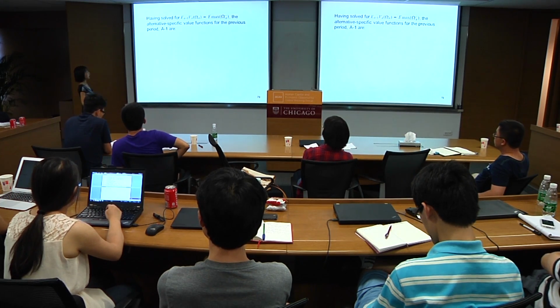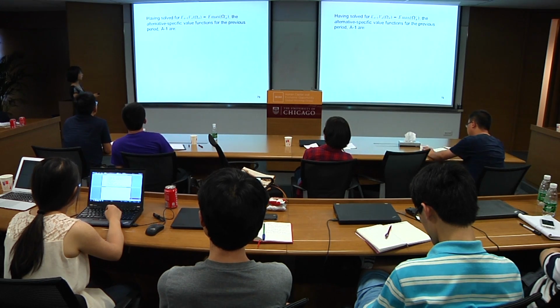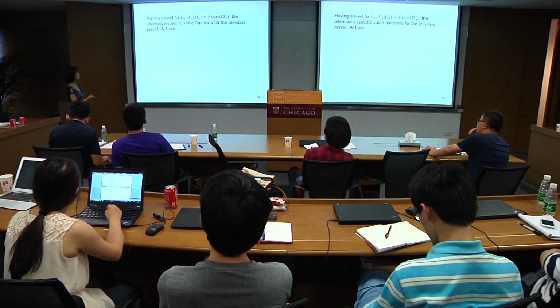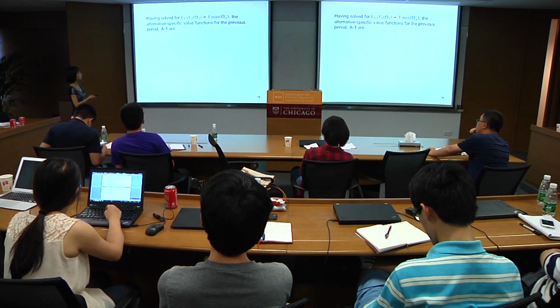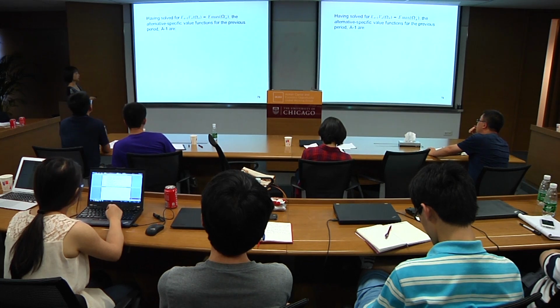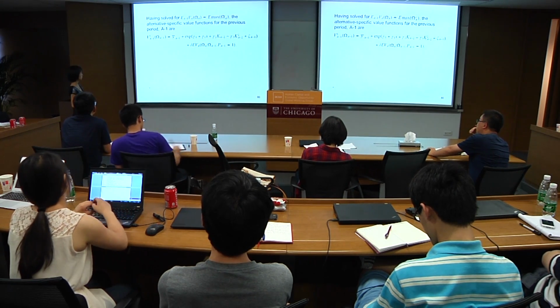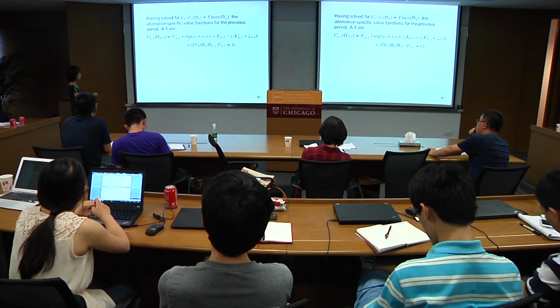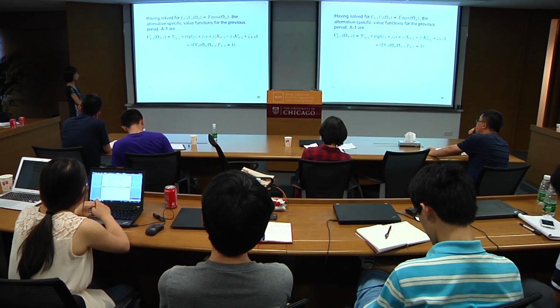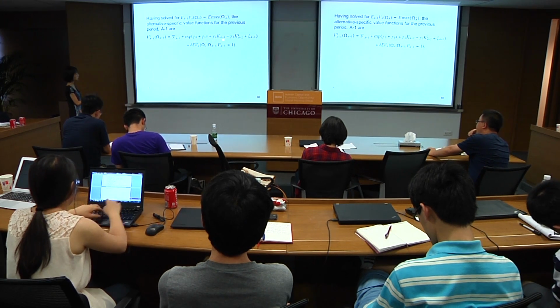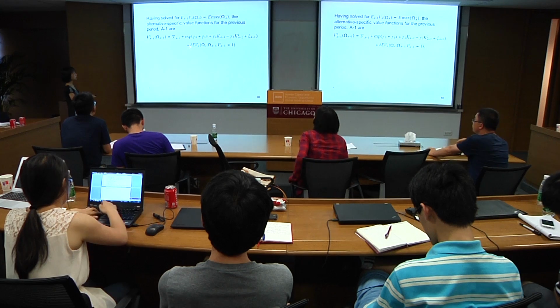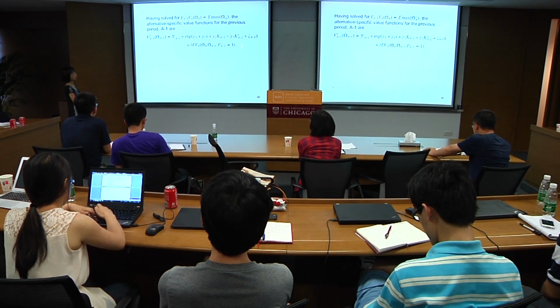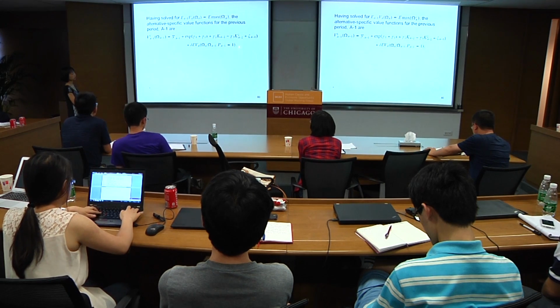Having solved for the Emax function, the alternative specific value function for the previous period, i.e. the second last period, would be this: today's utility if you participate, plus the discounted value of tomorrow.